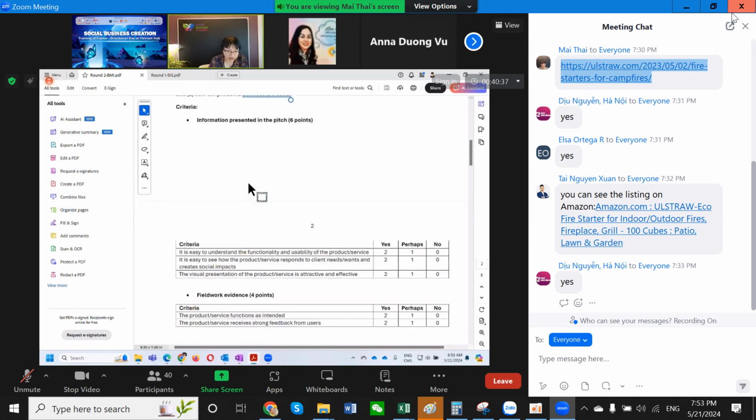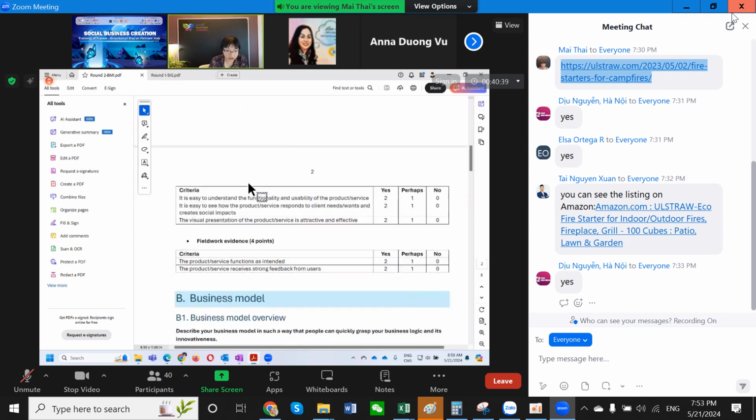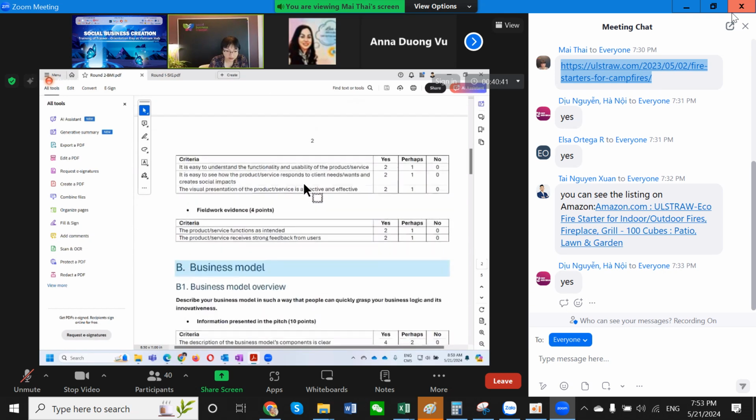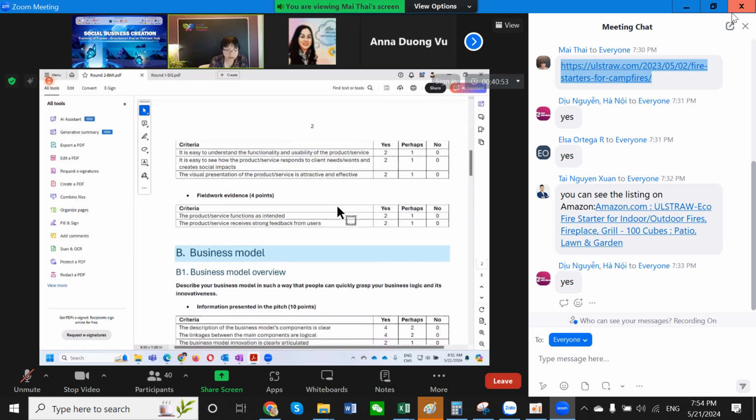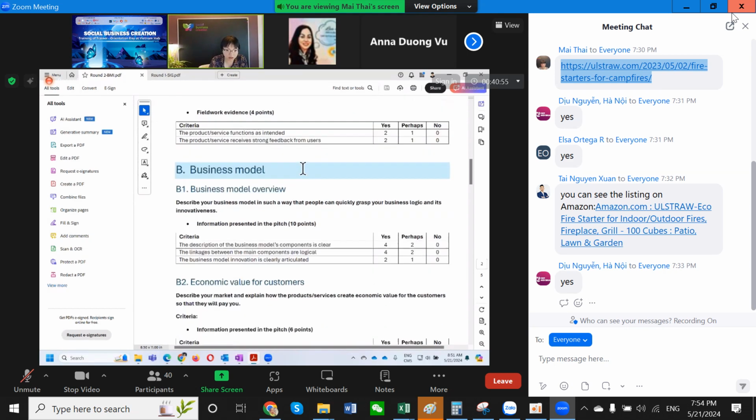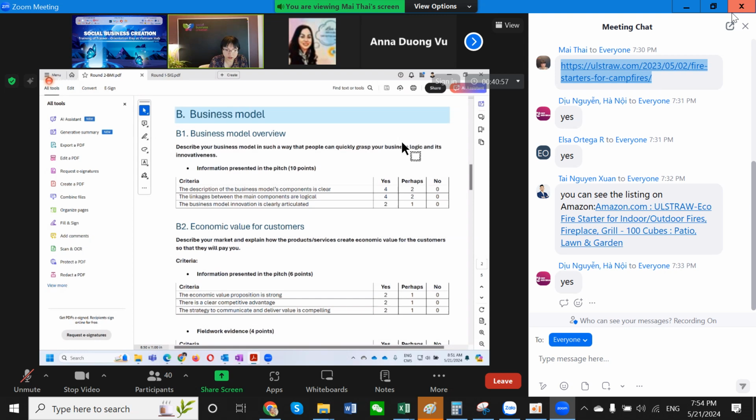And then in this one, you have to show that it really responds to what the clients need and want. So the more they want it, the more they're willing to pay for the product. And then show the business model, how the students will have to show the logic of how they make money.